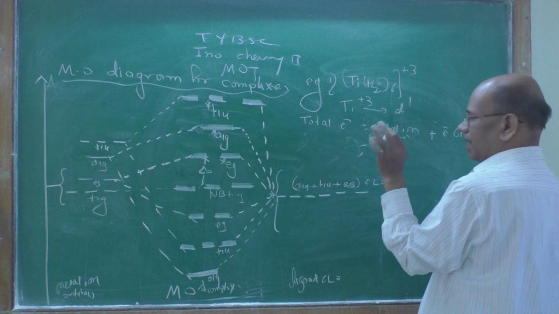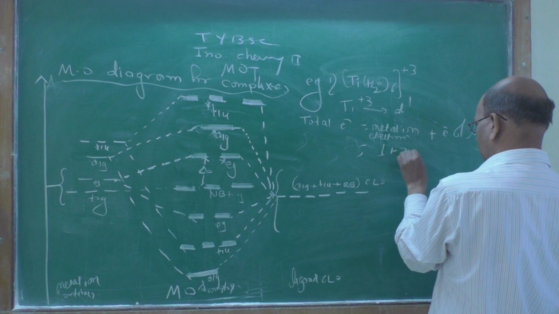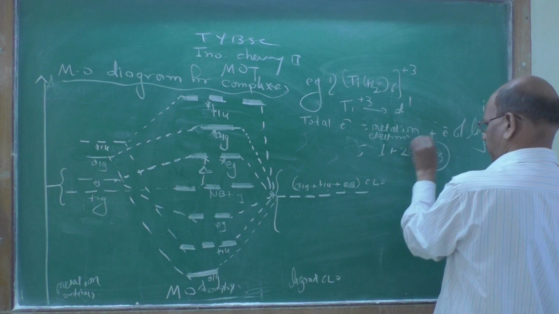So only valence shell electrons: 1 plus 12, so it becomes 13.